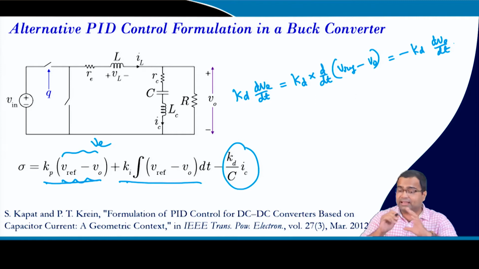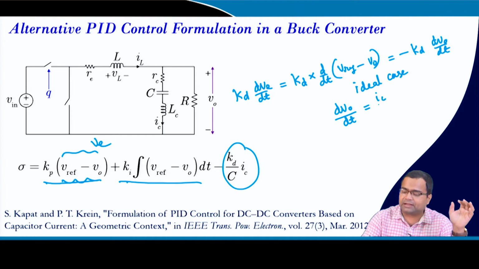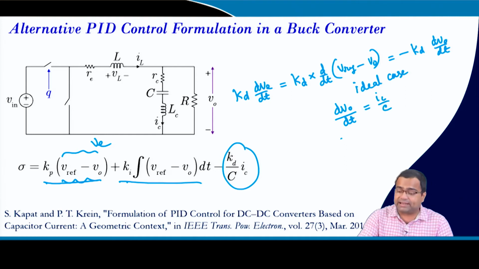And if there is no ESR, in the ideal case, this dV0/dt is nothing but IC by C, but in practical case we have ESL effect and other effects.